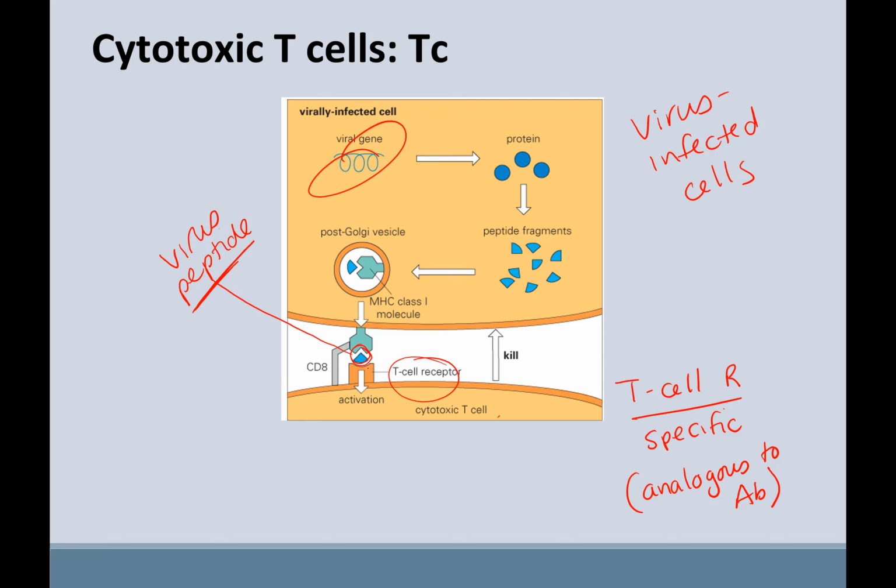And so once this T cell recognizes this antigen and says, oh, this cell has a foreign pathogen in it, it activates the cytotoxic T cell. Cytotoxic T cell sends signals for that infected cell to self-destruct.